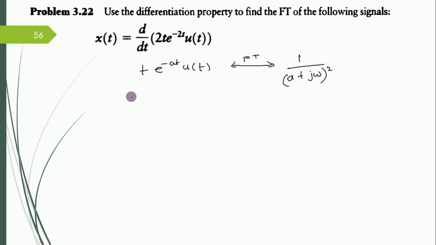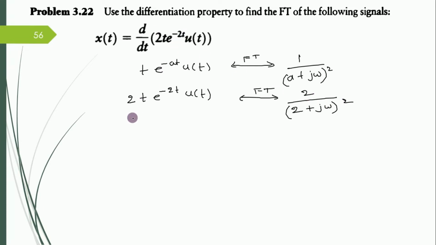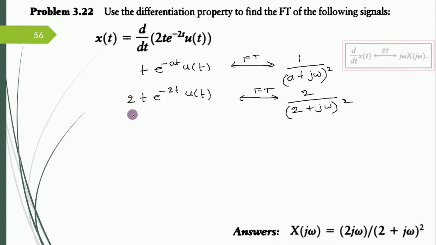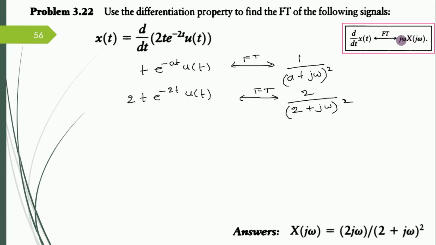So here I use the given thing, 2 into t e raised to minus 2t u of t. In place of a, I am having 2. The constant 2 is also there, so 2 divided by 2 plus j omega whole square. Now using the differentiation property, j omega will be extracted outside.